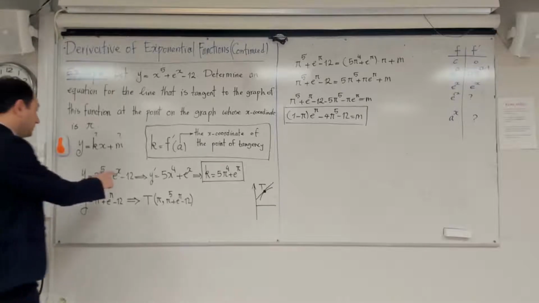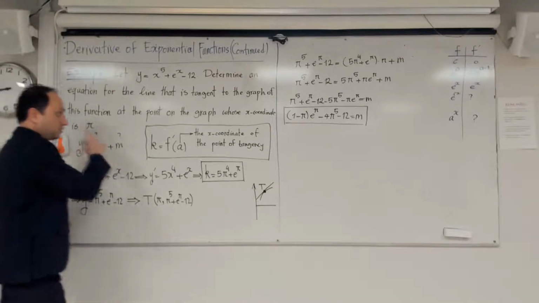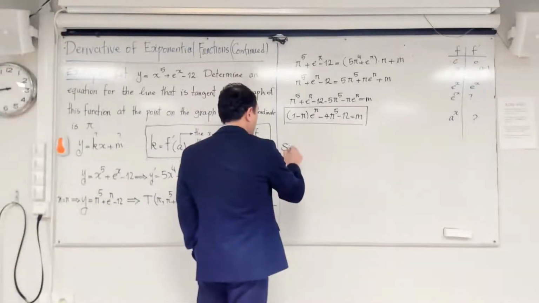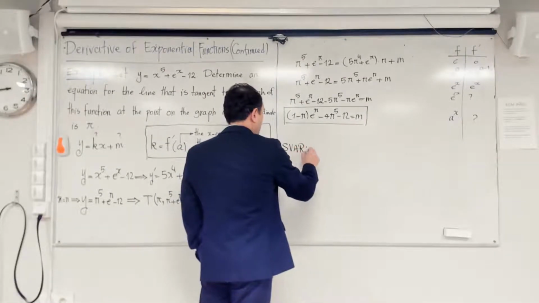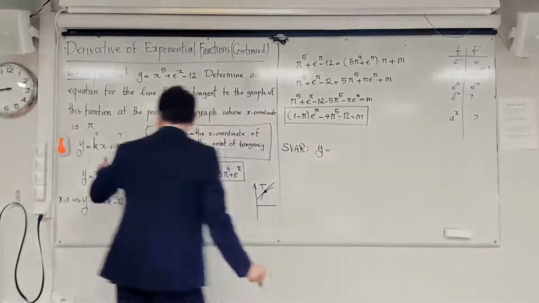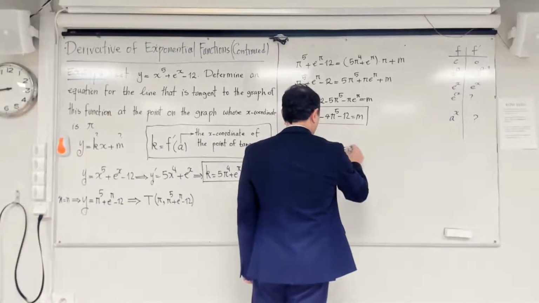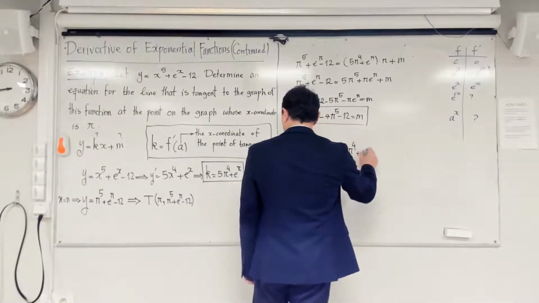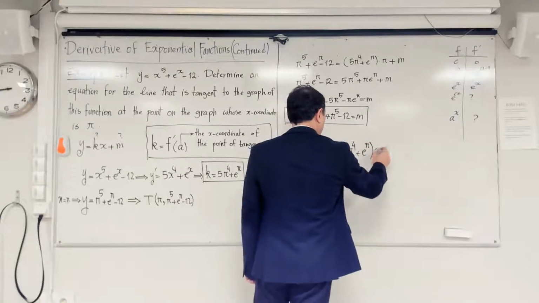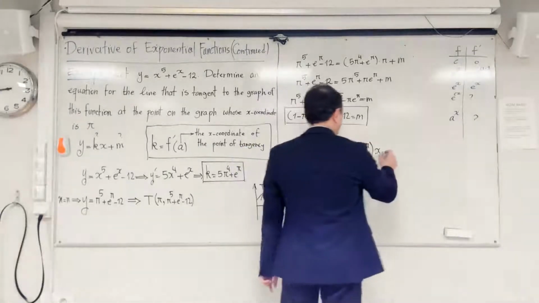And then we put this in this equation. So the answer that you have to write is y is equal to the k value, which is 5 pi to the 4 plus e to the pi, multiplied by x plus this m.